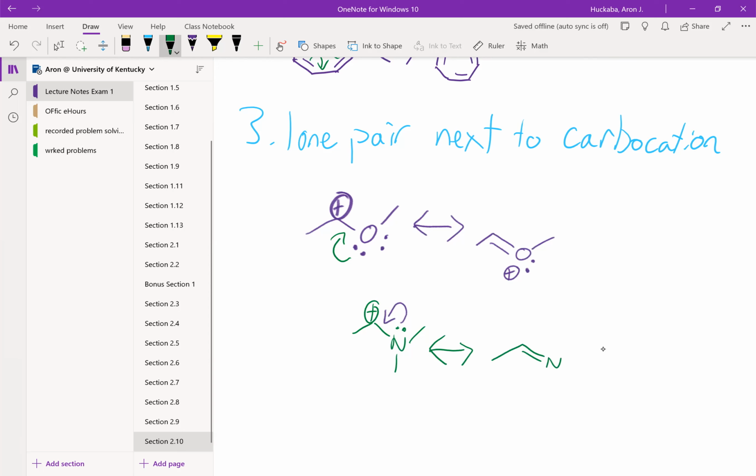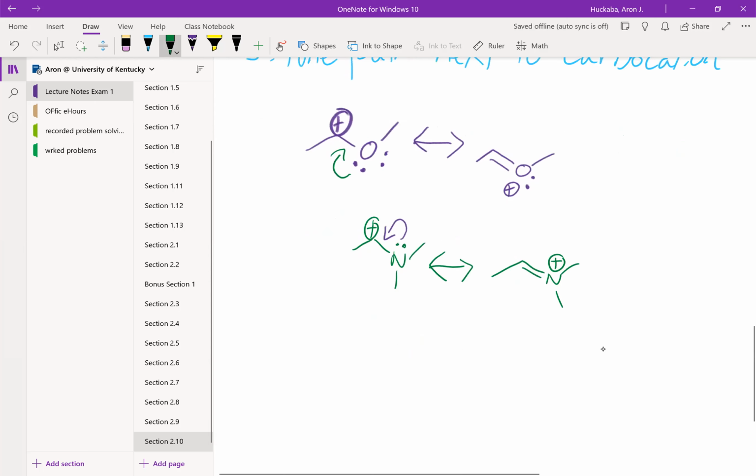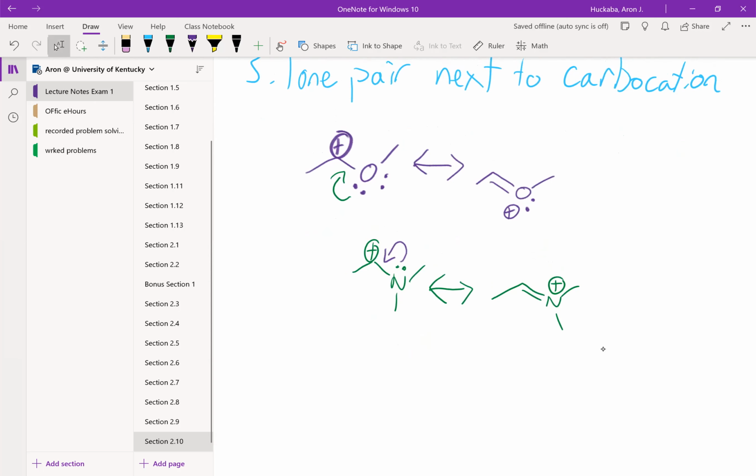And so this structure is much better. And so this is kind of like the conceptual checkpoint. This is basically A. Yeah, if we add one more carbon, this is conceptual checkpoint 2.20 A.